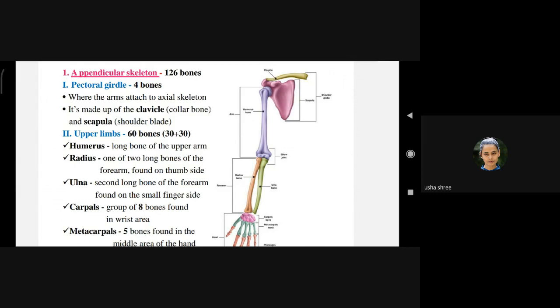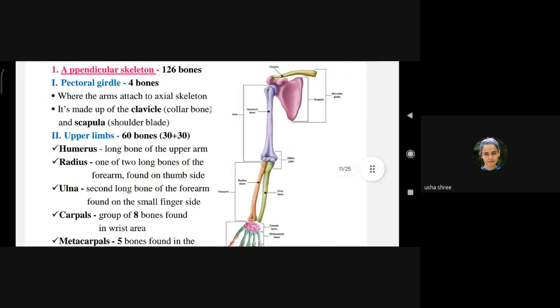This pectoral girdle or shoulder girdle consists of 4 bones, 2 on each side of the body, left and right. What are those bones? Clavicle, 1 on each side, left and right, and the scapula, 1 on each side. The scapula is also known as the shoulder blade, and the clavicle is also known as the collarbone.